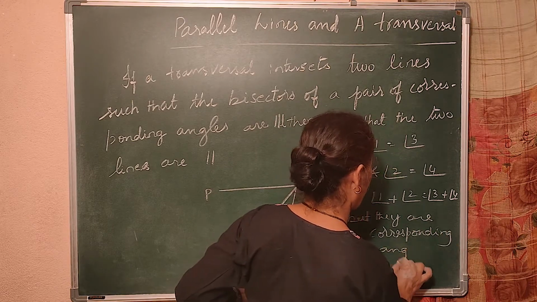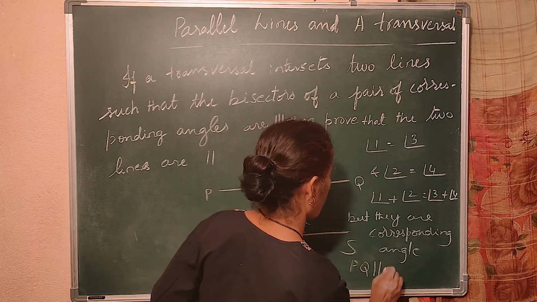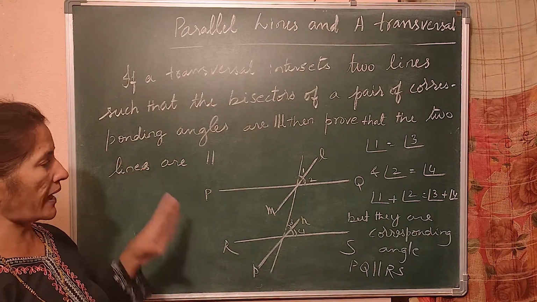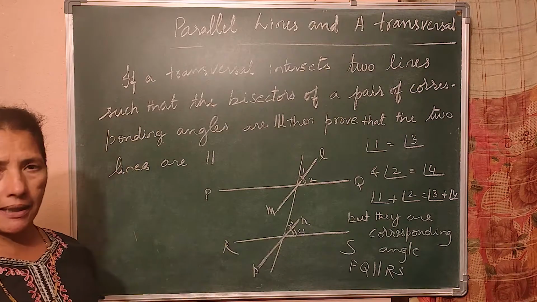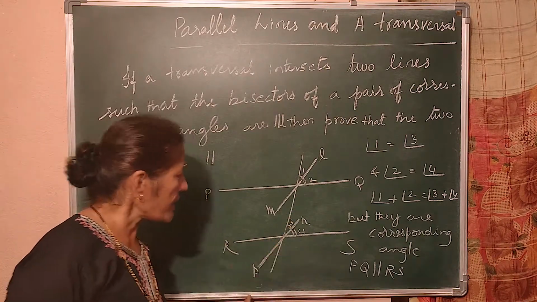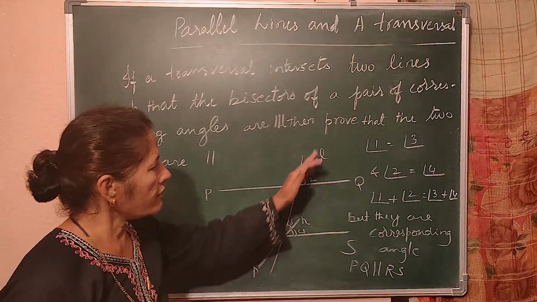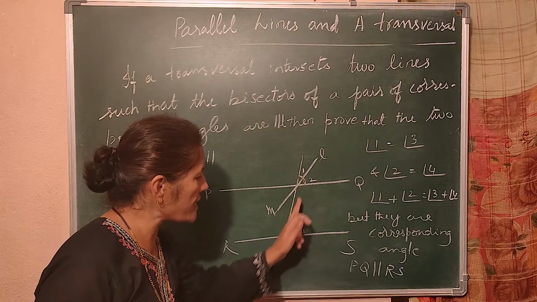Therefore, what can I say? PQ is parallel to RS. Here I have to prove that PQ is parallel to RS. They say LN is one line, NP is one line. These are parallel to each other. When they are parallel to each other, 1 is equal to 3, 2 is equal to 4.